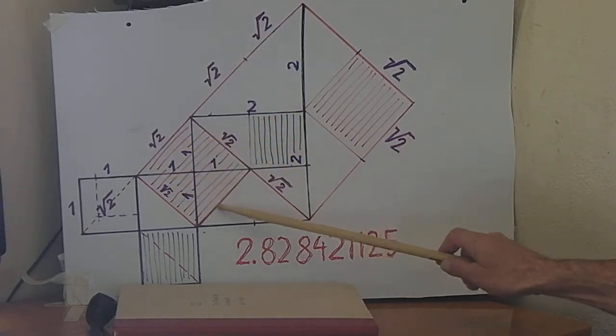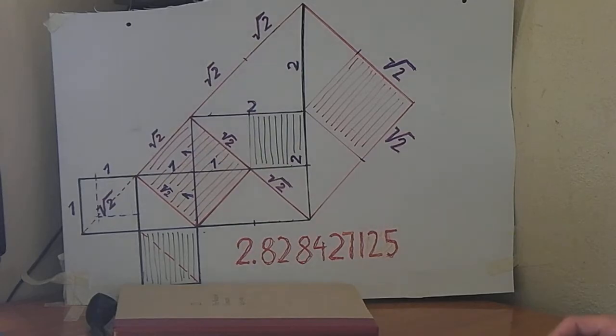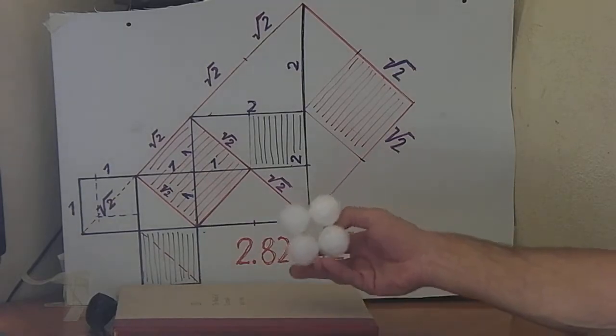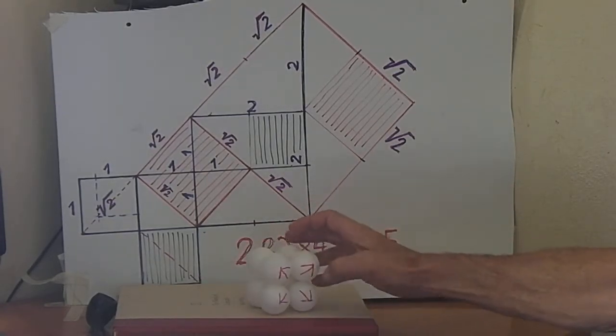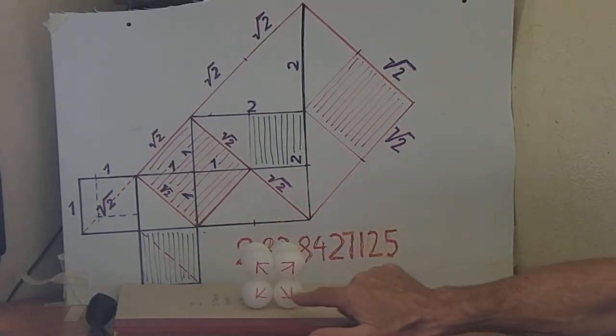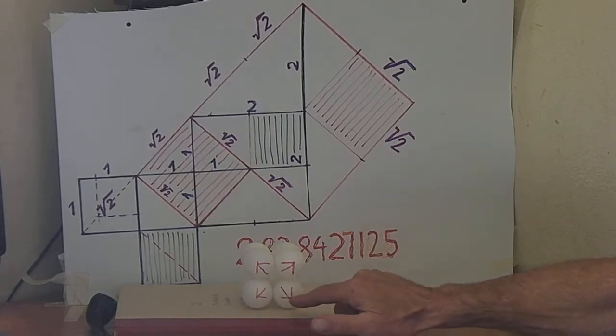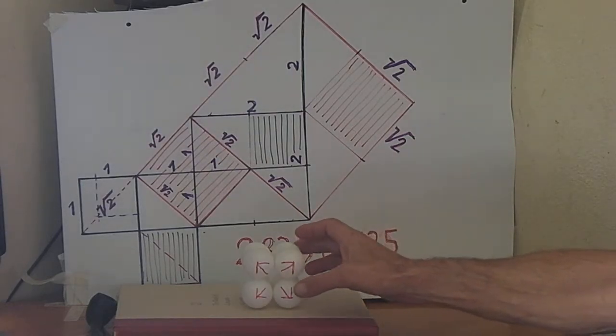2.828427125, this is this red cube in here, must be simple cubic packing using the same size spheres throughout the whole concentric hierarchy. Now this is a simple cubic packing in here, and two touching spheres is the edge of the tetrahedron, which I'm going to show you in a minute.